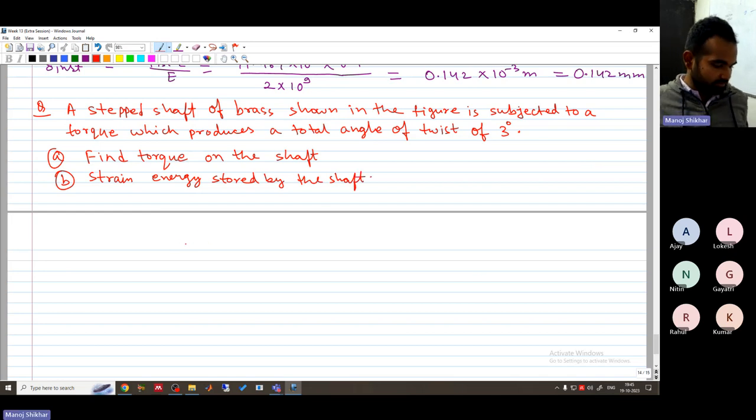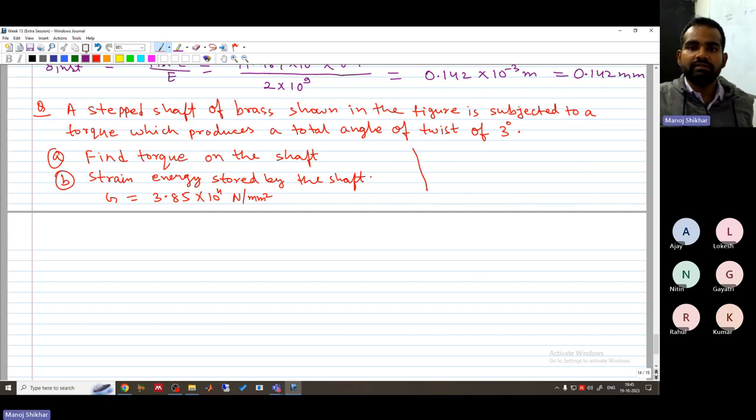And they have given the value of G equal to 3.85 into 10 power 4 Newton per millimeter square.